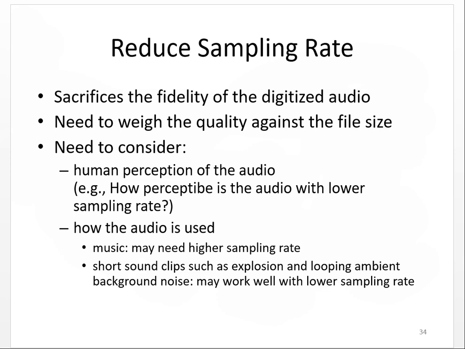The third is that you need to consider human perception of audio. For example, how perceptible is the audio with the lower sampling rate, and how the audio is used. Music can need a higher sampling rate, while short sound clips such as explosions and looping ambient background noise may work well with less.